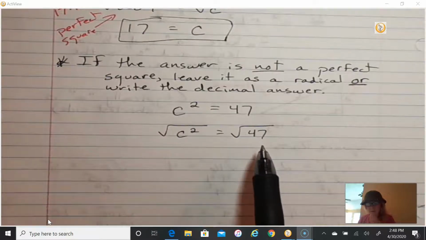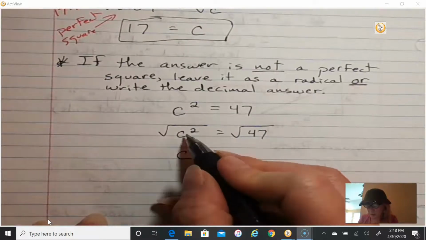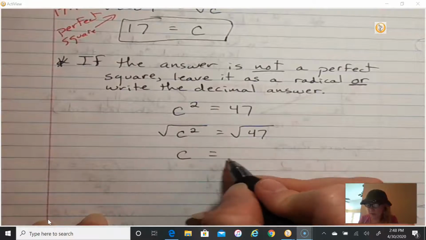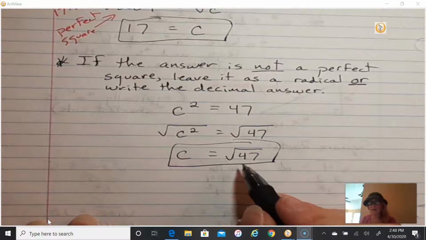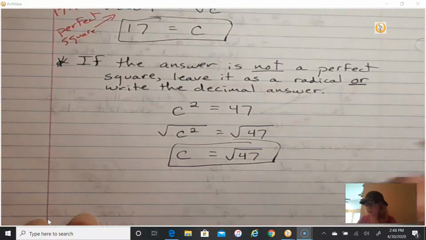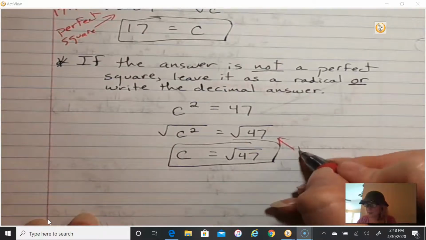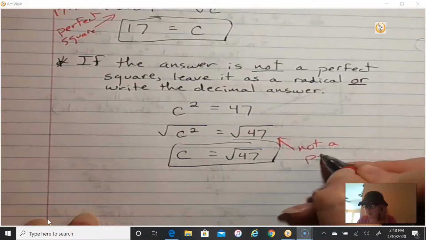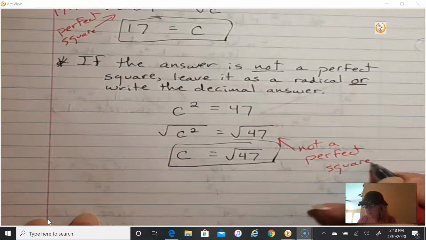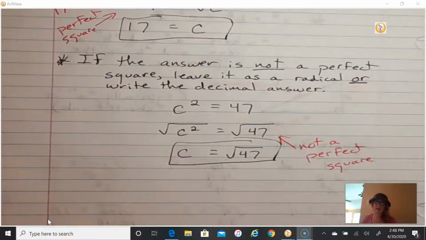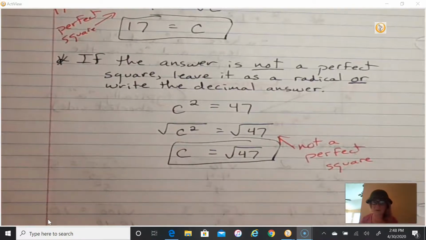So your answer is just going to be the square root of 47. You can leave it with the radical, because there's nothing times itself that's going to give you 47.